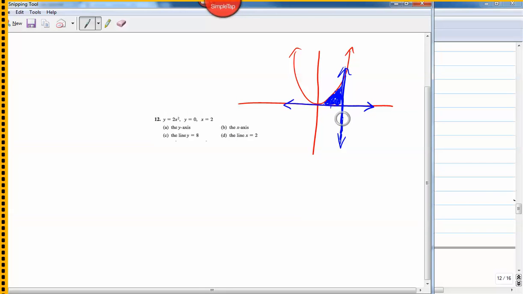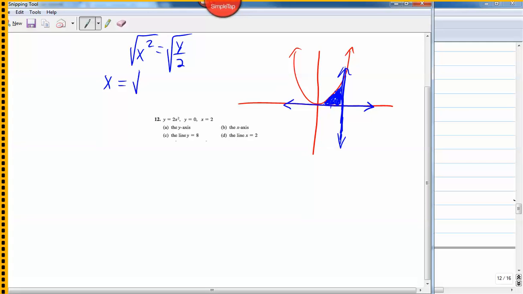Since I have a vertical axis of revolution, I need x equals a function of y. So solve for x. First, you would divide both sides by 2, so you'd have x squared equals y over 2. Then take the square root of both sides. So x equals the square root of y over 2.